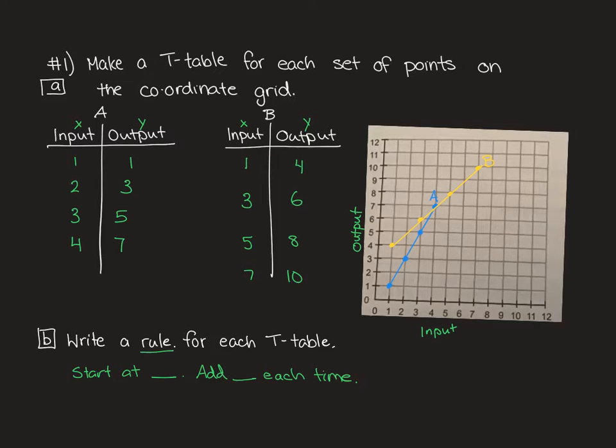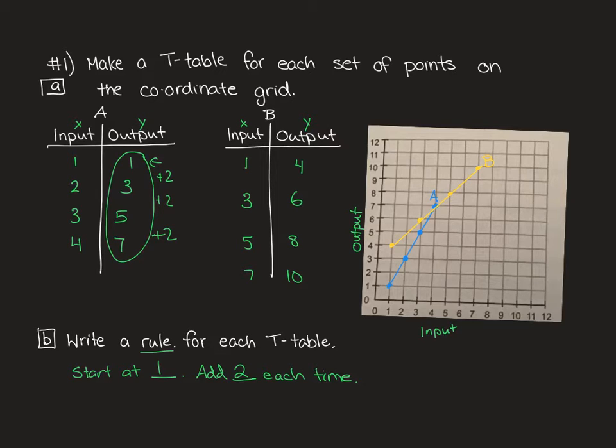Now to do this, we're actually just going to look at the output values because our input's going up by 1 each time for this one. So we're starting at 1 and then we are adding 2 each time to get to the next number. So start at 1, add 2 each time.